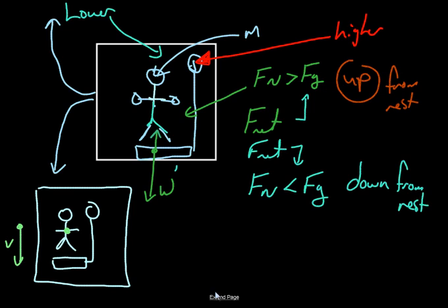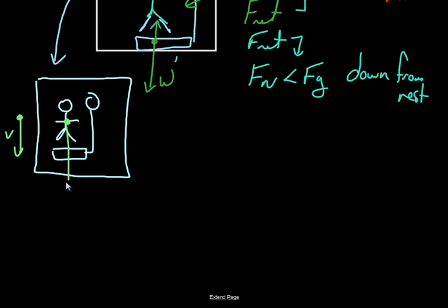If it's got a constant velocity, that means there's zero acceleration on this person, and that must mean that their weight and their normal force are equal. However, if they're getting to the bottom floor, they need to slow down. At that point, the normal force must increase to accelerate them positively and therefore slow their negative travel down.